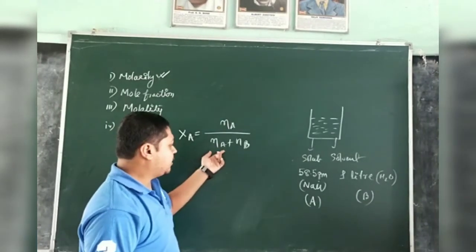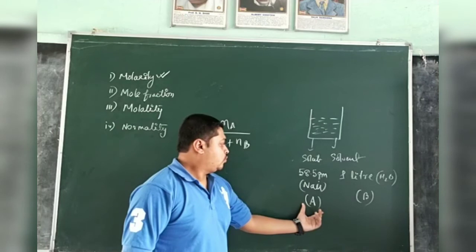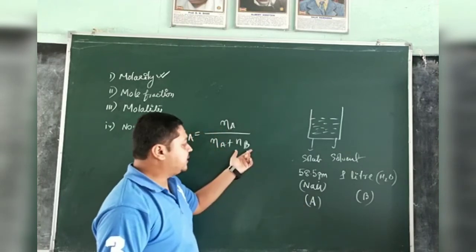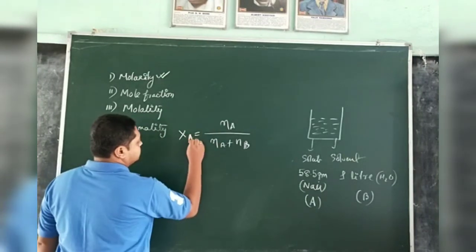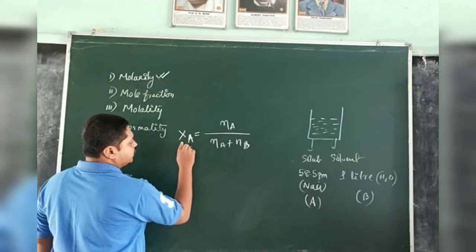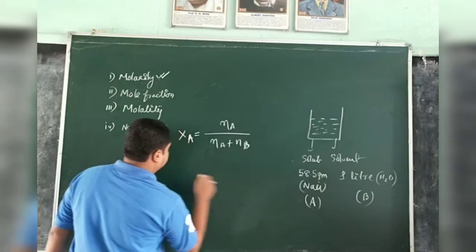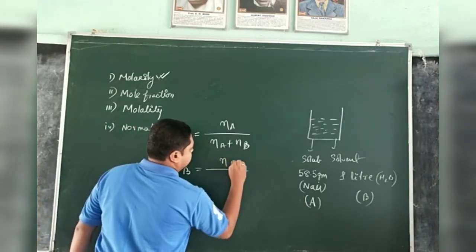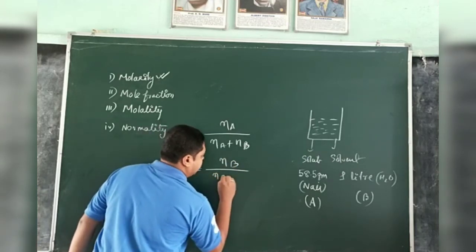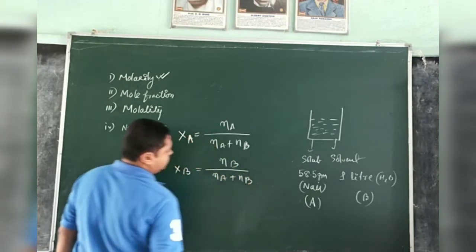Na is the number of mole of sodium chloride and Nb is the number of mole of water. So this is the mole fraction of A. And mole fraction of B is Nb divided by Na plus Nb.